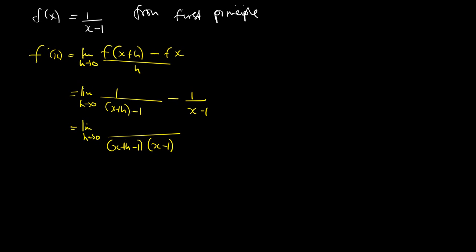From there, we multiply like that. So that will be now x minus 1. Then minus, let me just remove these brackets. Then negative 1 throughout by what we have here, that is x plus h minus 1. Then this is being divided by h.